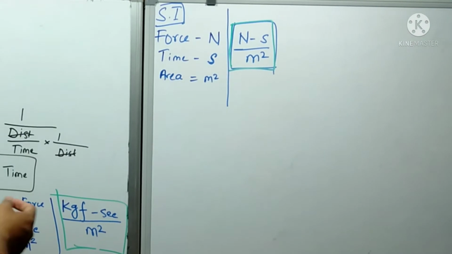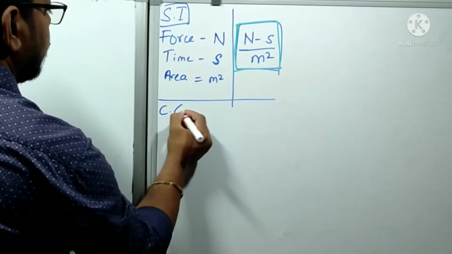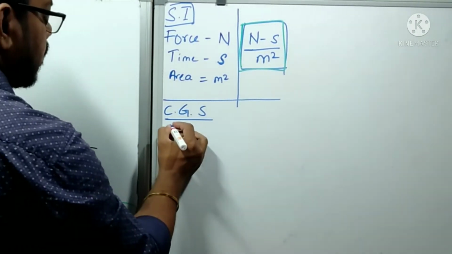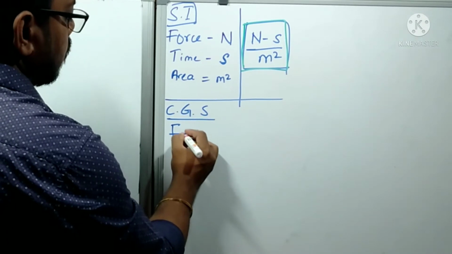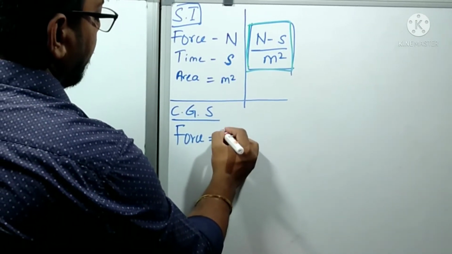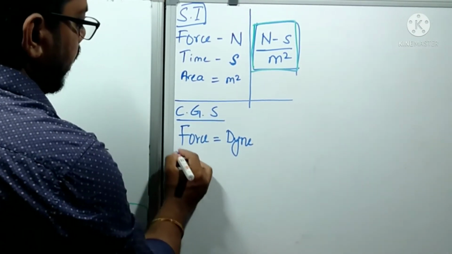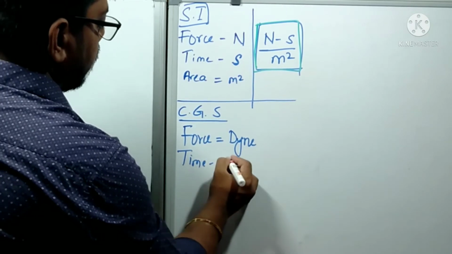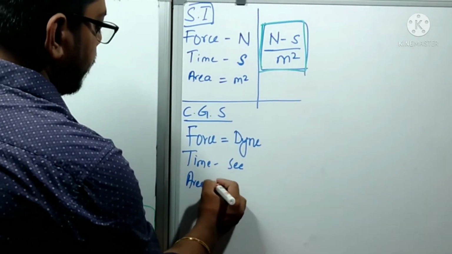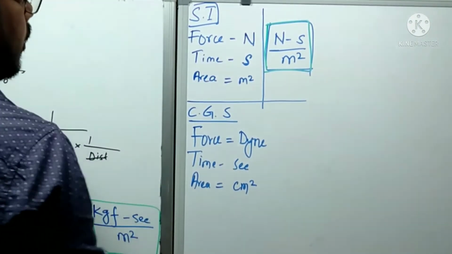Now, there is another unit that is called the CGS unit. What is the CGS unit? In CGS unit, force is represented by dyne, time is represented by second, and area is represented by centimeter square.